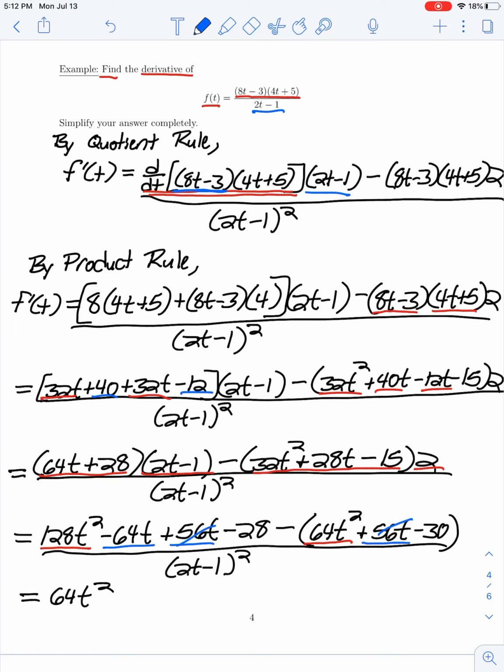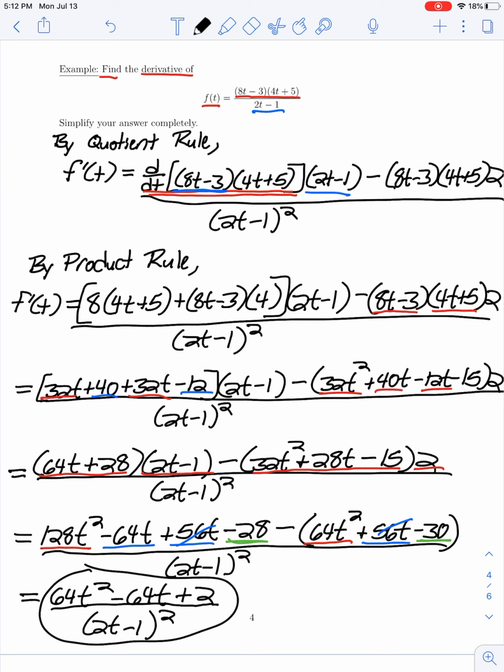So the plus minus 56t will cancel, and we're left with negative 64t. And then grouping our constant terms, we had a negative 28 minus a negative 30, or plus 30, leaves us with a constant of positive 2 all over 2t minus 1 squared. So here we have a simplified expression for the derivative of this function.